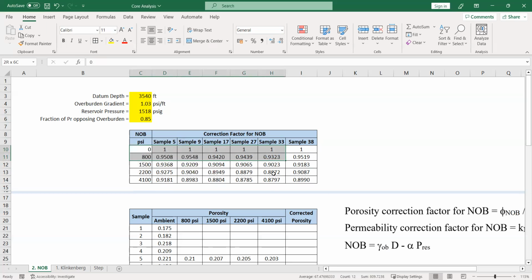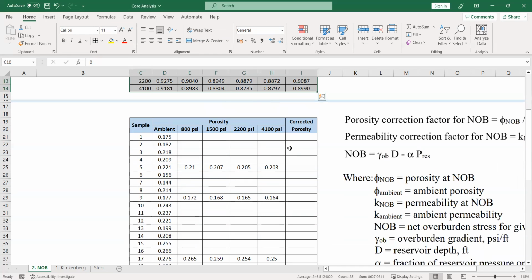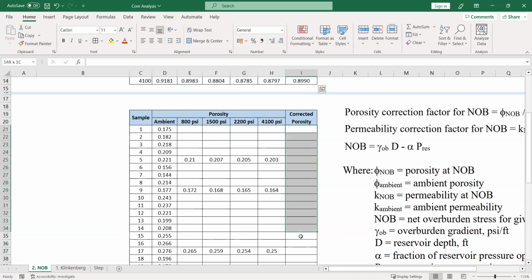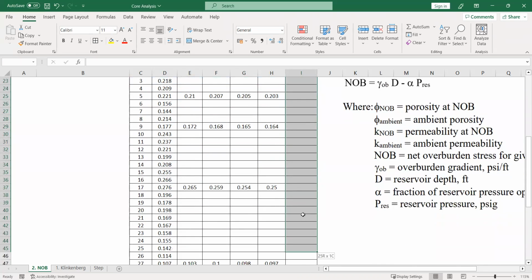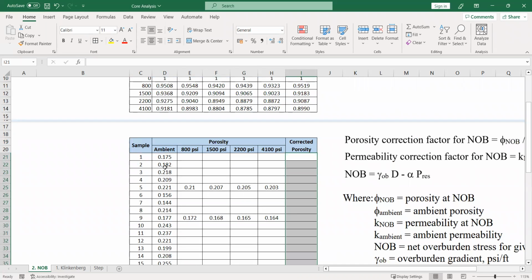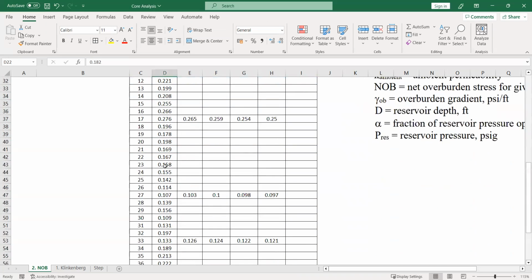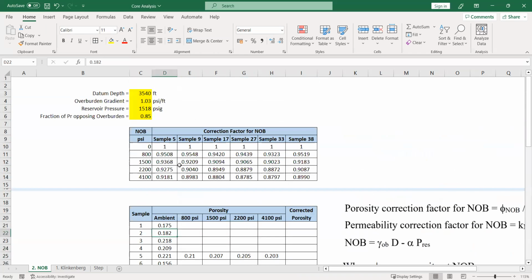If we have these values, how can we use them to predict or to correct, to get the corrected porosity for any ambient porosity information that we have? That's the thing.